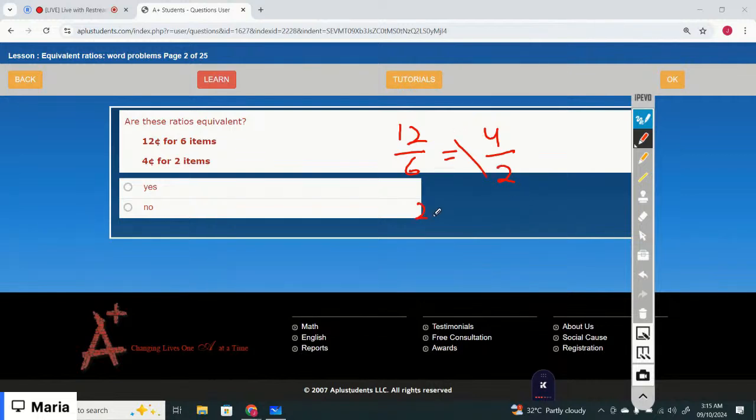You have to do 2 times 12 equals 4 times 6. So which is the correct option? So 24 equals 24.